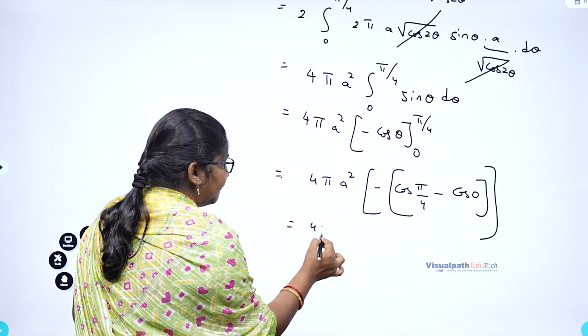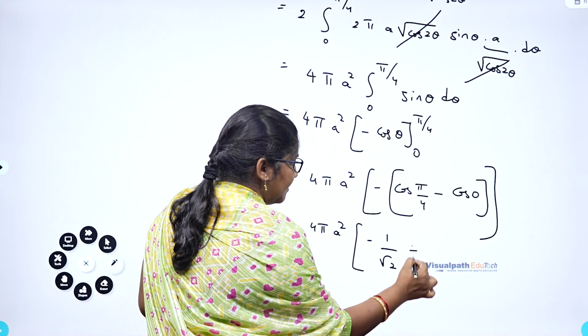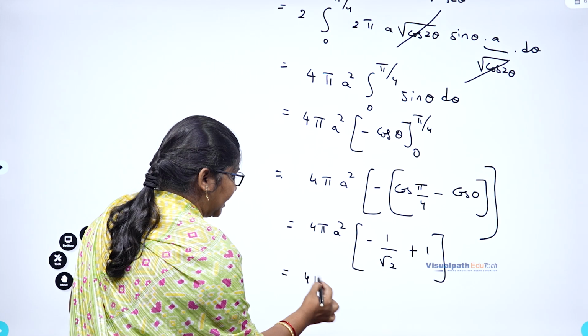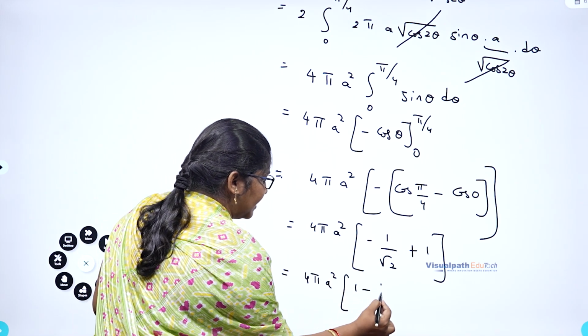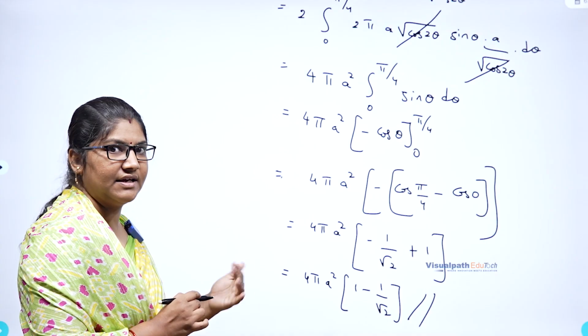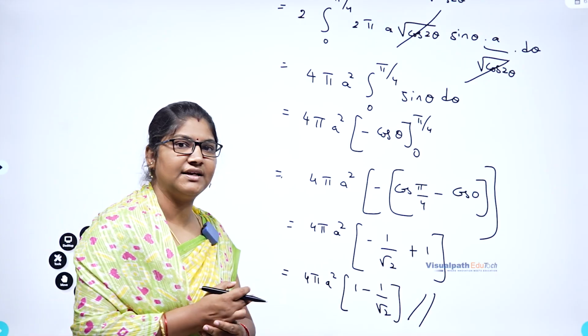This is 4 pi a square into minus 1 by root 2 plus 1. So 4 pi a square into 1 minus 1 by root 2 is the area of the given curve.